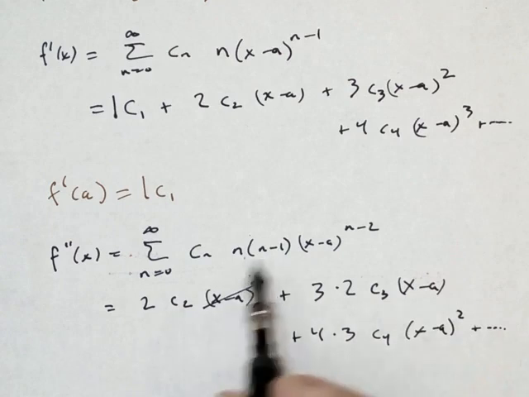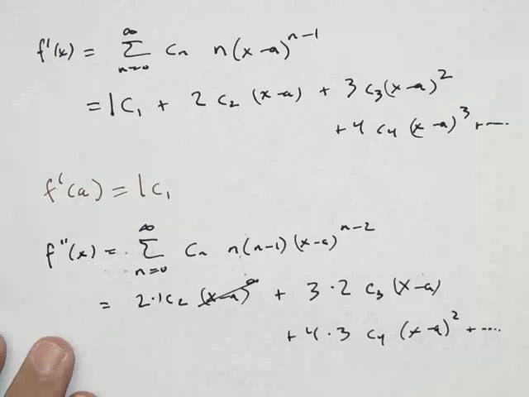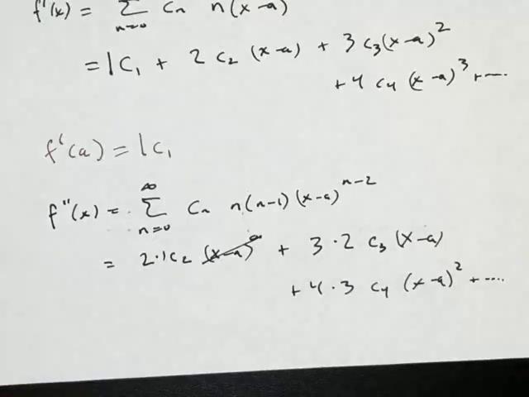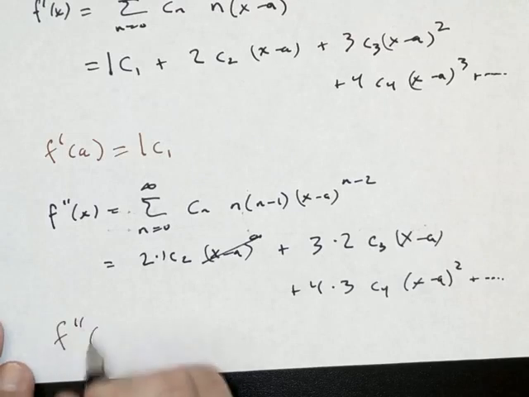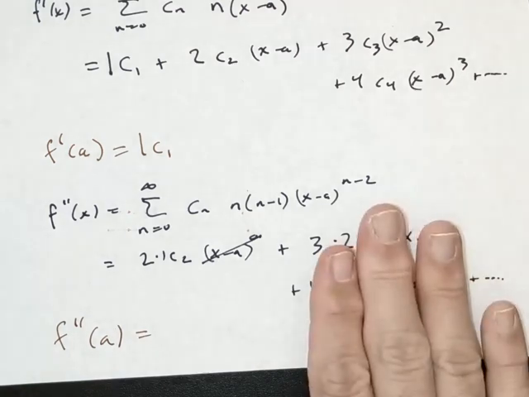Again, since I got this here, I'm going to put a 1 there. Right? I got it from the x minus a to the 1 term. So I'm going to put that there. In exactly the same way, I plug in a, these go away.